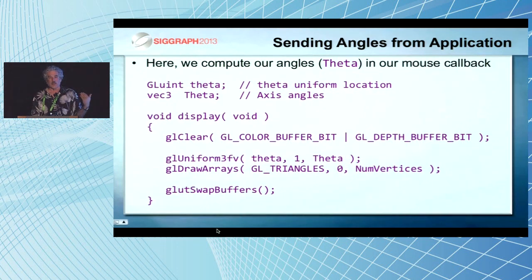In an older style, effectively what would happen if you were using the old fixed function pipeline, which had rotation matrices built in, you would be doing the rotation in the application, not in the shader, and you'd be sending all the data over. So if you had a more complex object than this cube, it would slow you down tremendously. As simple as it is, this shows you the power of shader-based applications: doing things in the shader and not in your application.